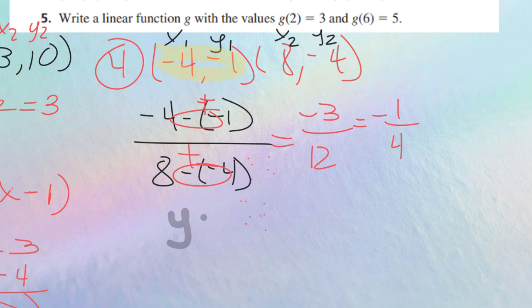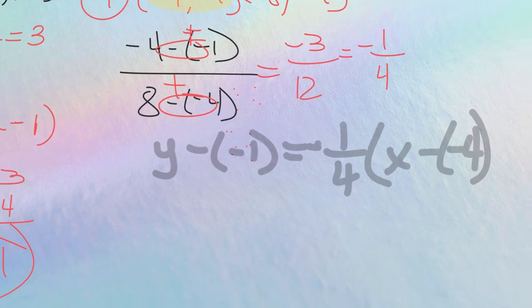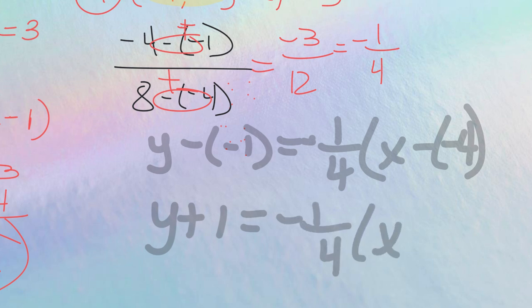Y minus negative 1 equals negative 1/4 times x minus negative 4. So working all these out, I'm left with y plus 1 equals negative 1/4 times x plus 4.